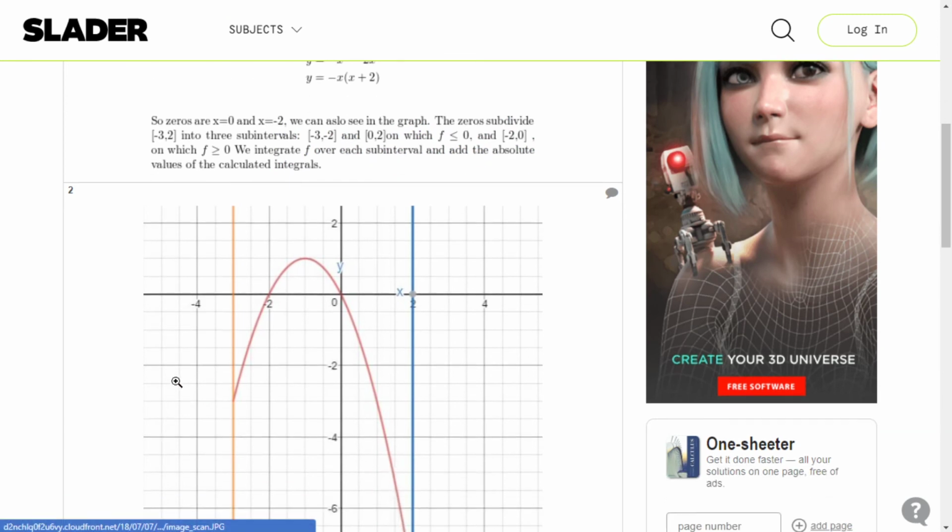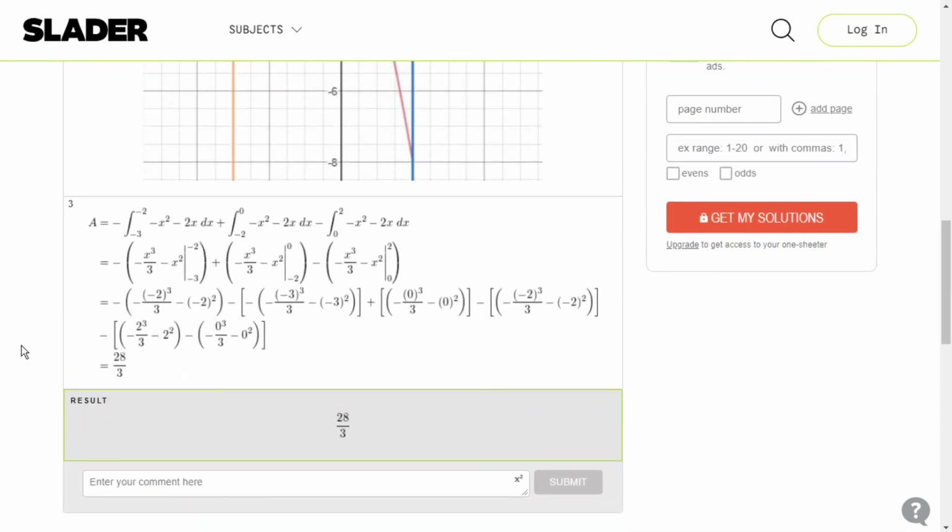You have to solve the integral over these subintervals and find the value. What is the antiderivative of the function over the first subinterval, minus 3 to minus 2?